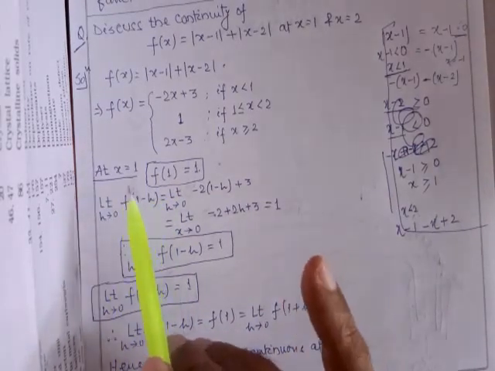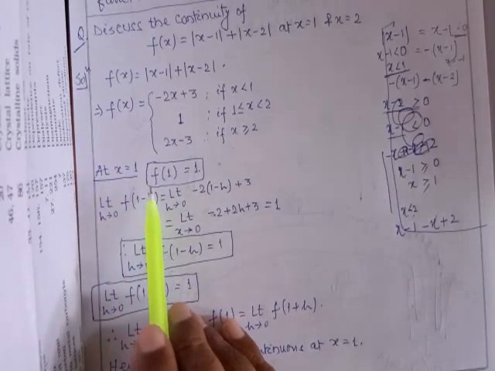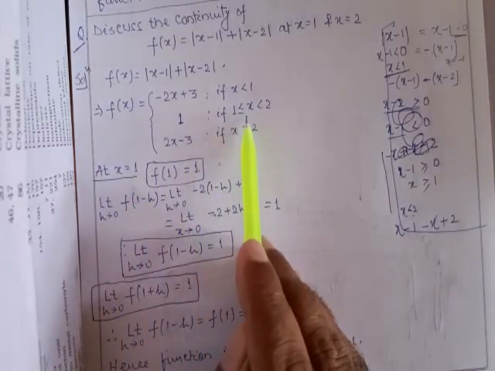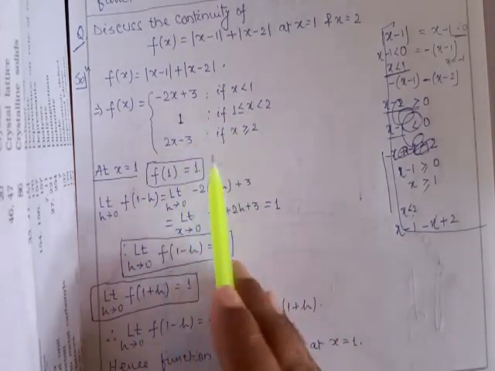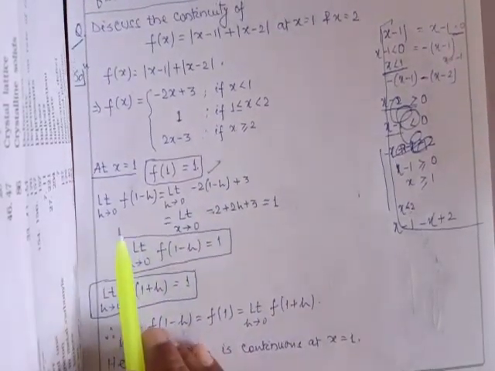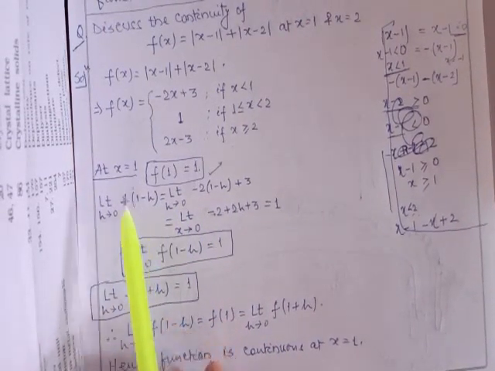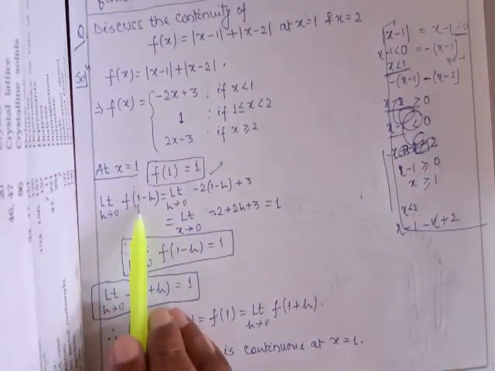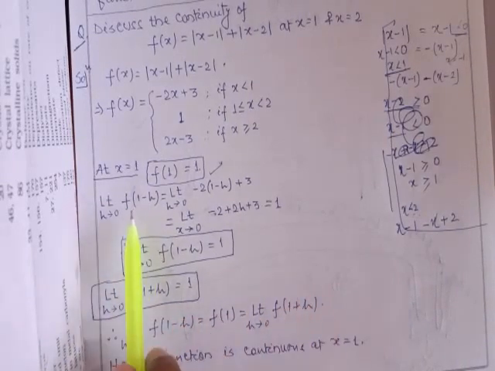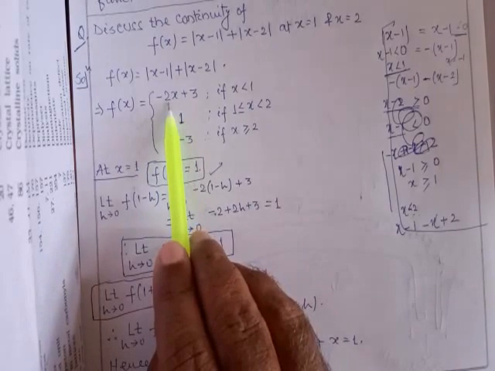f1 means x is equal to 1. So apply the middle one: when x is equal to 1 then it is 1. Second case, when it is less than 1, calculate the left hand limit. Left hand limit means f1 minus h. Obviously 1 minus h is less than 1, so in the upper one, replace x by 1 minus h.